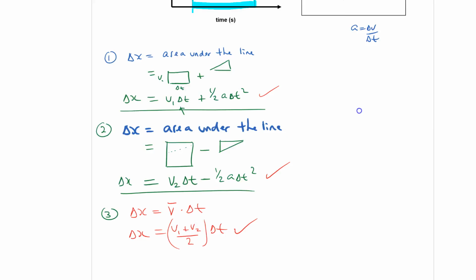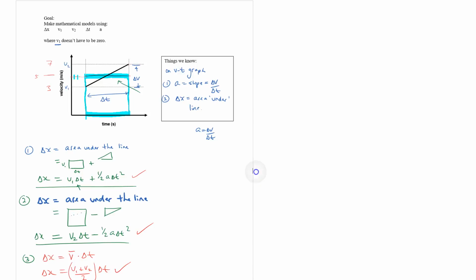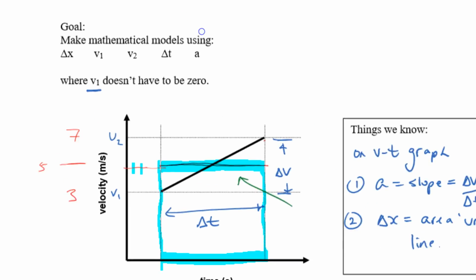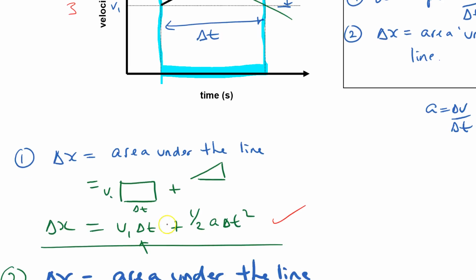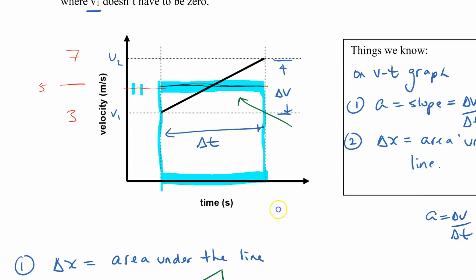Now before I go on, I just want you to take a look at the fact that we have these 5 different variables that we're interested in each time. One way to organize this is that I'm going to have 5 mathematical models to solve types of questions for constant acceleration. And in each one of these, there's one that's missing. So when I look at this, there's a delta x, there's a v1, there's a v2, there's an a, and there's delta t.